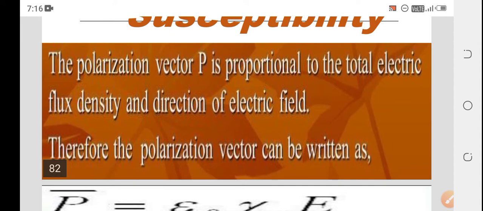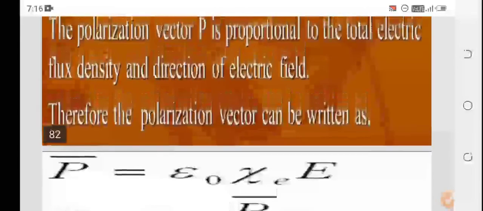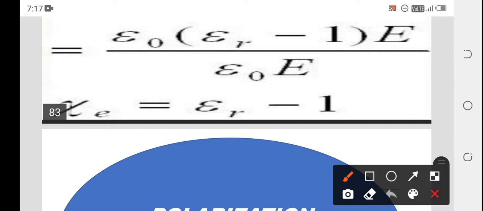Therefore, the polarization vector can be written as P equal to epsilon naught, susceptibility chi, and electric field E. Therefore, susceptibility is P by epsilon naught E. From the previous definition, P equal to epsilon naught into epsilon r minus 1 into E, divided by epsilon naught into E. Epsilon naught and epsilon naught cancel, E and E cancel, and finally susceptibility is epsilon r minus 1.